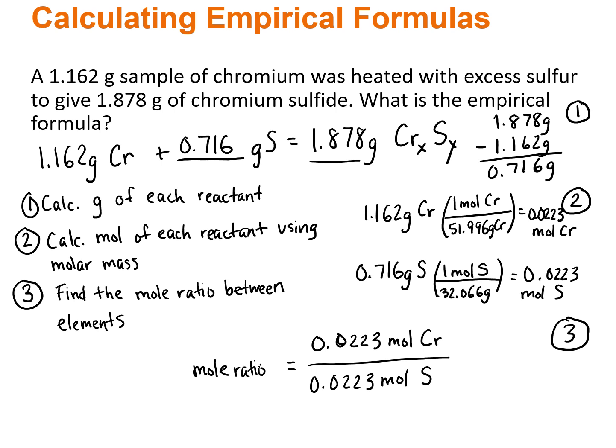If we divide these two, we're going to get 1. But that doesn't really help us. What that 1 really means is that you have 1 mole of chromium for every 1 mole of sulfur. And this tells you what your empirical formula is, because these numbers here are the subscripts.